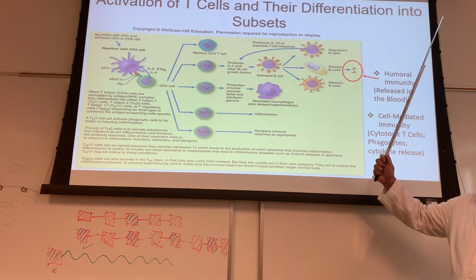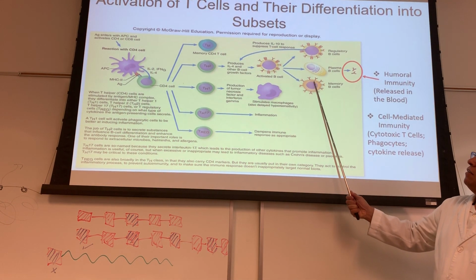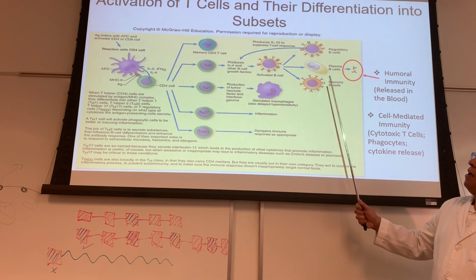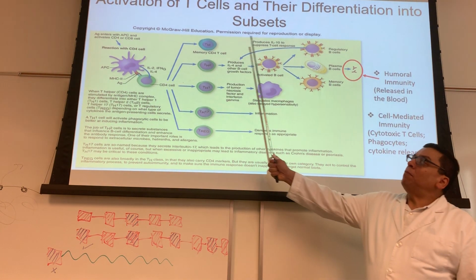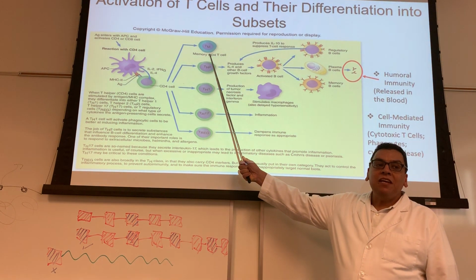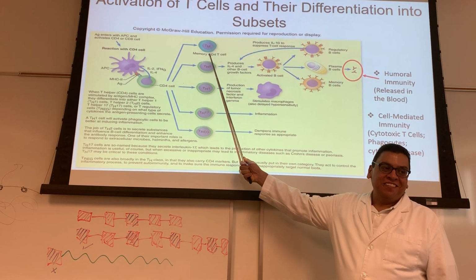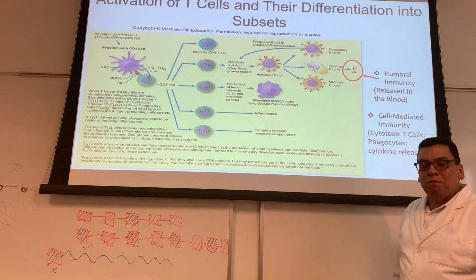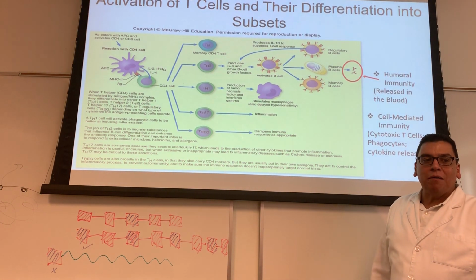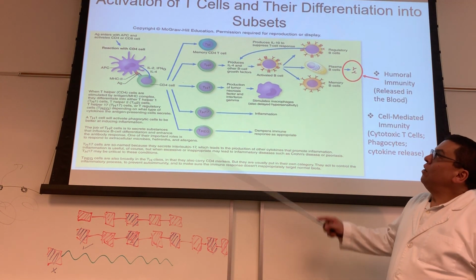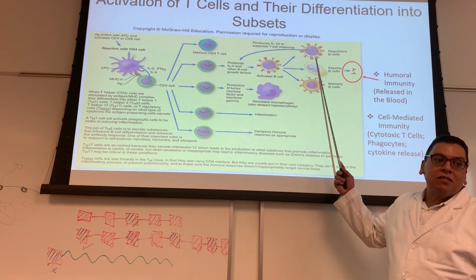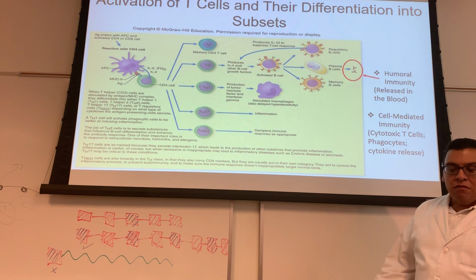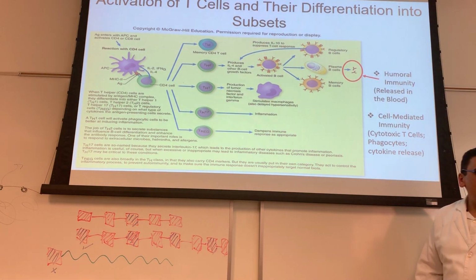Look what it does. It multiplies. And it becomes a B memory cell to remember the event along with the T memory cell. So you produce B and T memory cells. You also produce T and B regulatory cells to make sure this response is okay.